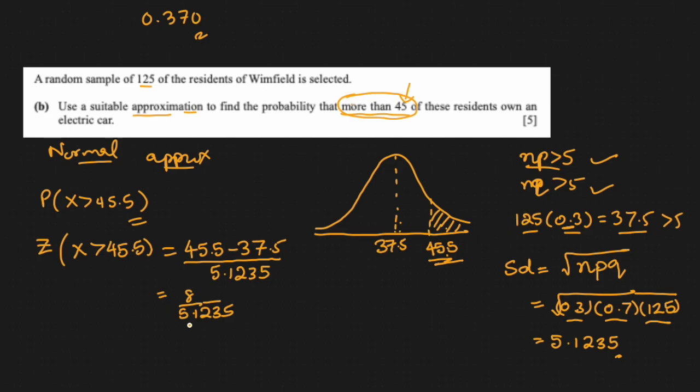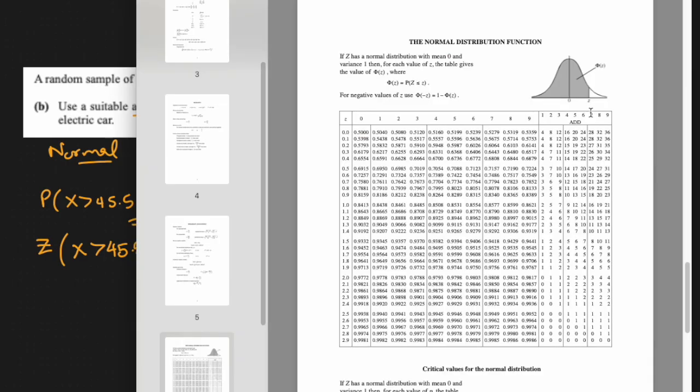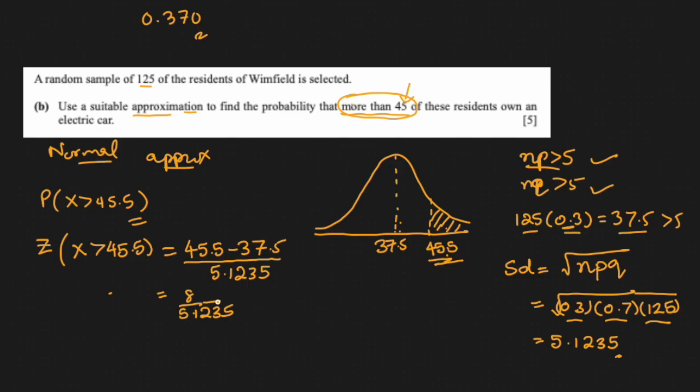Once I convert this to a decimal, I need a table for that. 8 divided by 5.1235 is approximately 1.5614, which will be 1.561 that we can use in the table itself.